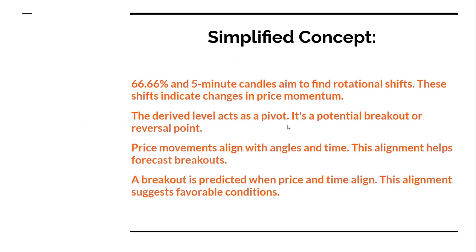The concept here is that 66.66% and 5-minute candles aim to find rotational shifts. These shifts indicate a change in price momentum. The derived level acts as a pivot, a potential breakout or reversal point.